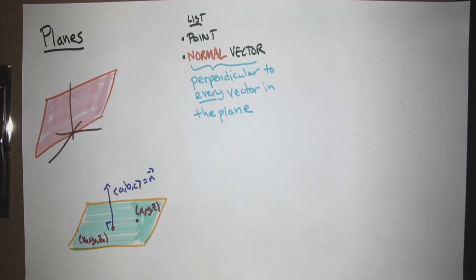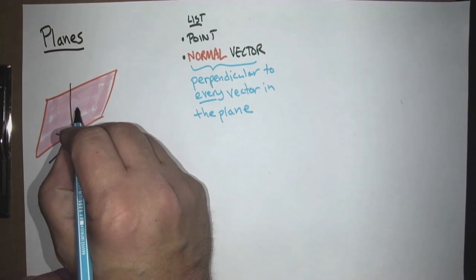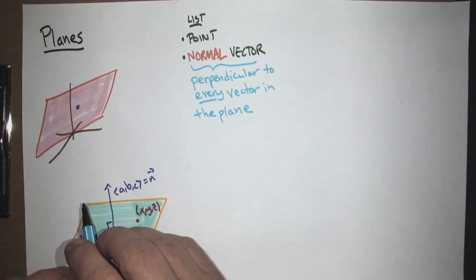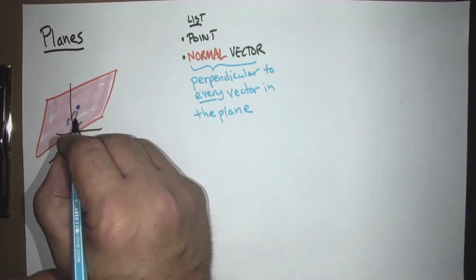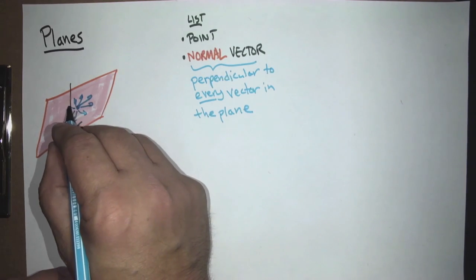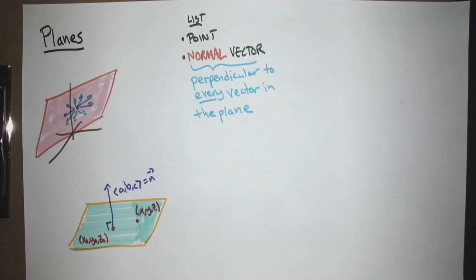Because if I am a plane, and here's my point, and I say, well, which direction does the plane go in? Well, the answer is it goes in many directions. I can go in lots of ways, depending upon which way I head out on my plane. So the plane itself contains lots and lots of directions. Okay, that's bad.